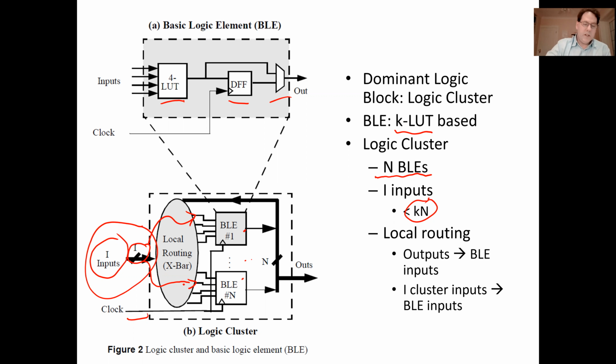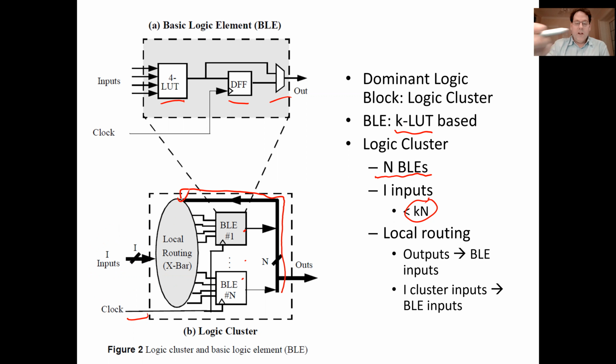The other way that we can reduce the number of inputs that we bring into the logic cluster is to reuse things that we already generated in the logic cluster. Every one of these BLEs produces one output in the architecture I've just shown you. So we have n of these signals generated inside the cluster, and we can feed them back into this local routing.